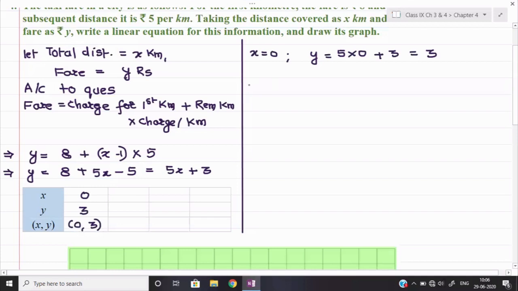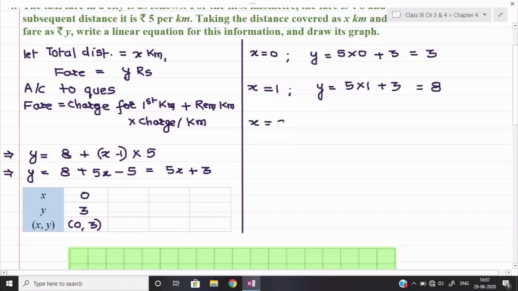Second, if I take the value of x is equal to 1, then the value of y will be 5 into 1 plus 3. 5 into 1 is 5, and 5 plus 3 becomes 8. Similarly, I take one more value. In questions of application we shall take three values.